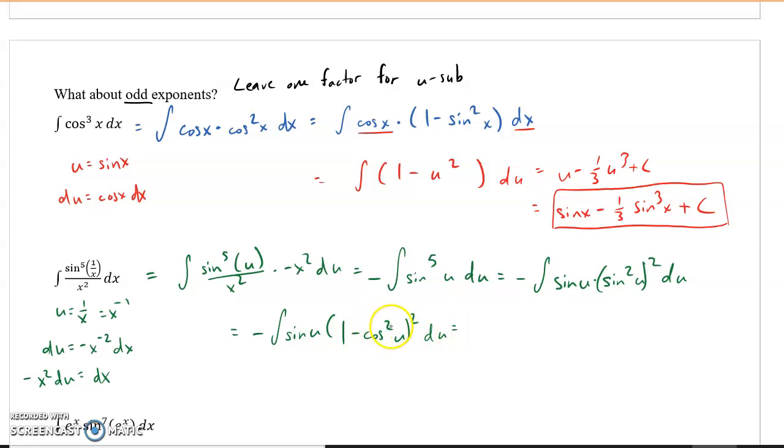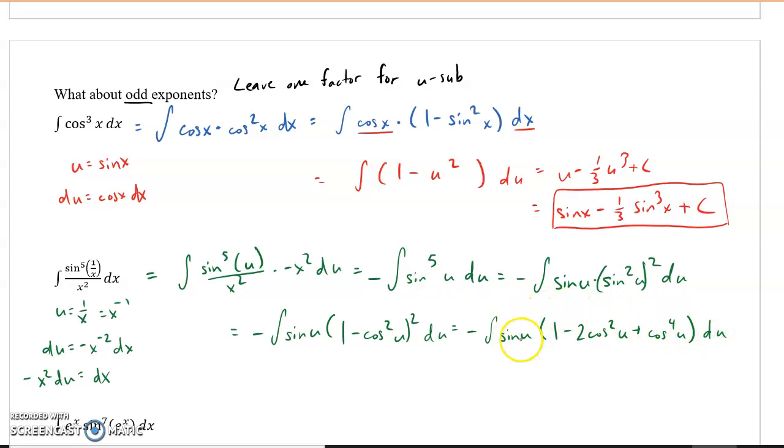So yeah, I think probably the best thing to do is square this out, unfortunately. I'm going to leave this sine of u factored out because that's going to go away pretty soon anyway. But I'll go ahead and square that binomial. 1 minus 2 cosine squared of u plus cosine to the fourth of u.